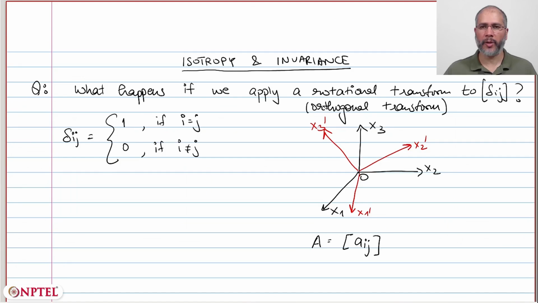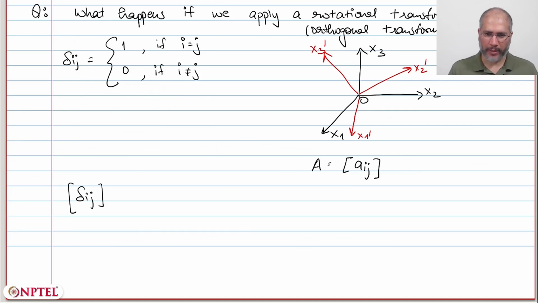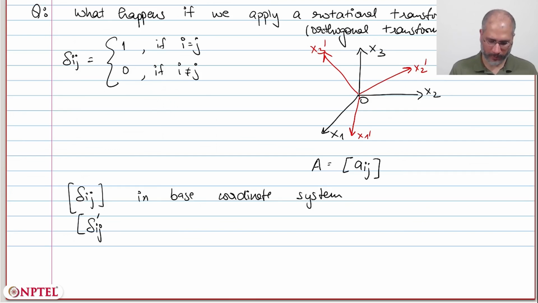So let us see how delta, or Kronecker delta, delta ij, behaves in response to a coordinate transformation, particularly coordinate rotation. We have a delta ij in the base coordinate system, and when we rotate the coordinate system or transform it, we will get some new components. We'll call these delta ij prime, which we have to find.